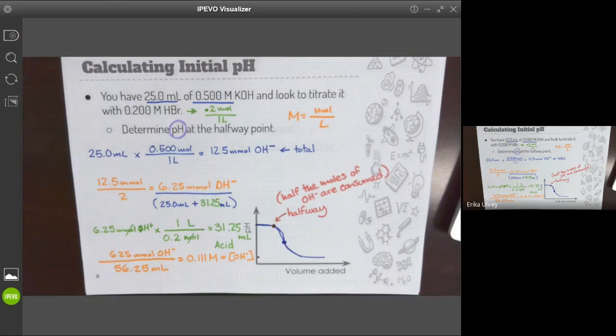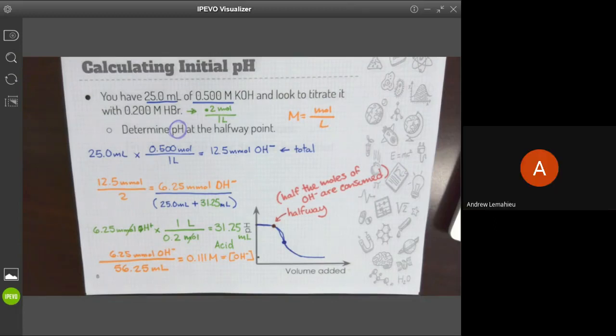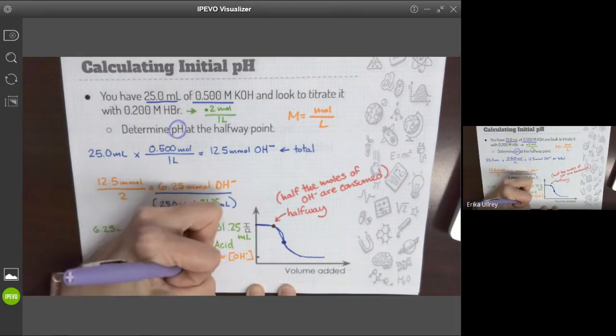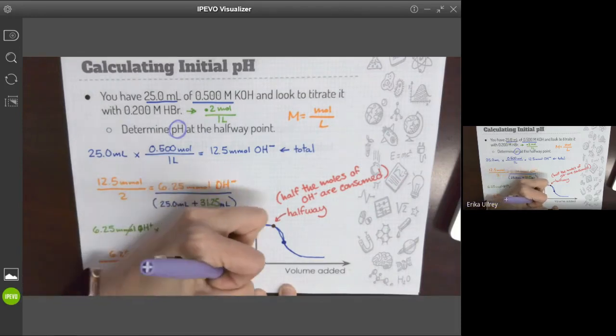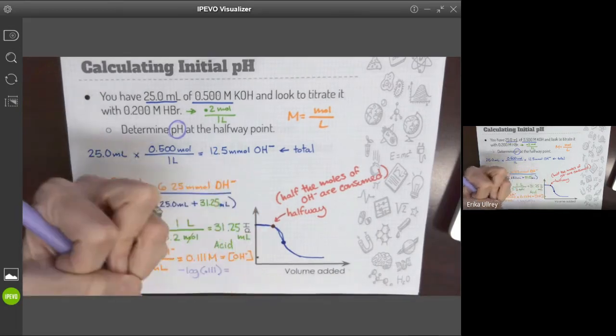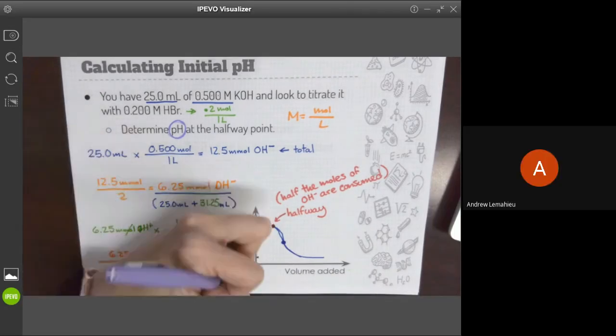So how are we going to go from concentration of hydroxide ions back to pH? Drew, do you remember how to do this? I hope I didn't just make you forget everything. You take the negative log of it. So we're going to take the negative log of my 0.111, and that's going to give me pH or pOH, Drew? pOH.